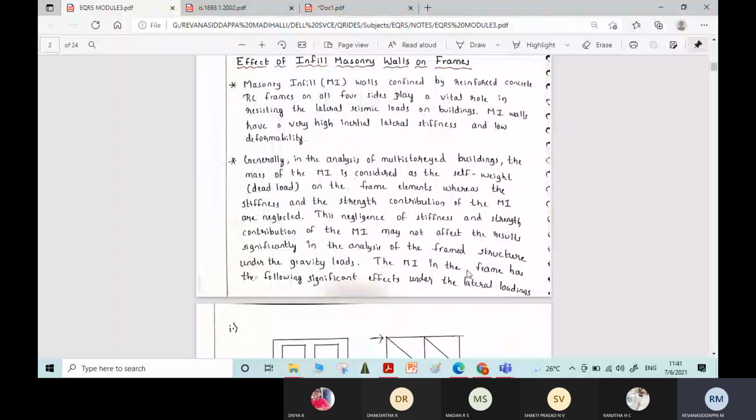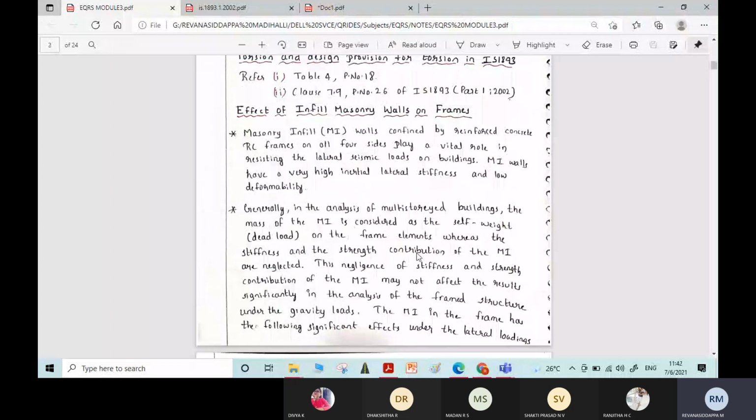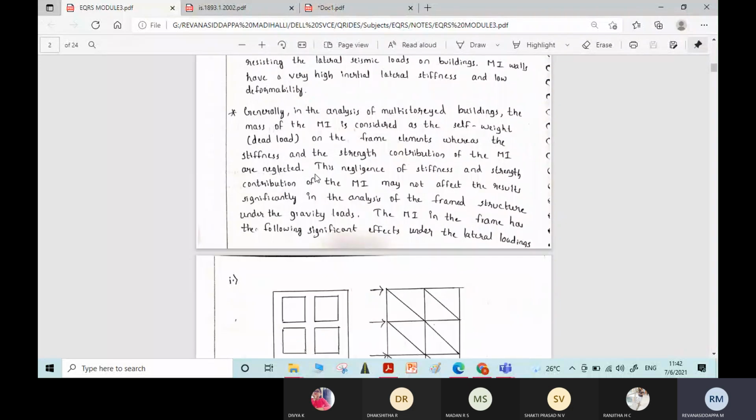The next topics are all related to the study of masonry in relation to earthquakes. We will be studying the behavior of masonry walls during earthquakes and how to design masonry walls for earthquake forces. The first topic is the effect of infill masonry walls on frames.